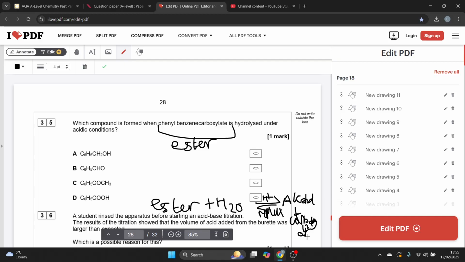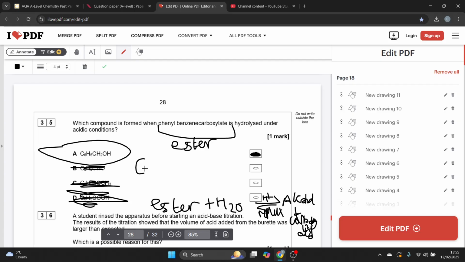When I first attempted this question, I thought I'd just find out whichever one's the alcohol or carboxylic acid. B is an aldehyde, C is a ketone. But in reality, I've got A and D, where A's an alcohol and D is a carboxylic acid. Therefore the answer is going to be A, because that's C6H5CH2OH, not just C6H5COOH. That's not going to be correct. It's going to be C6H5CH2OH.